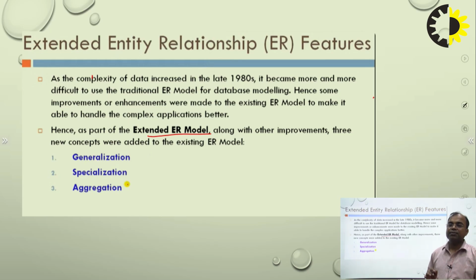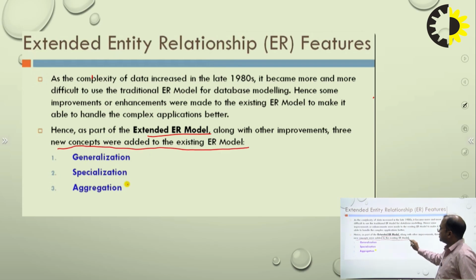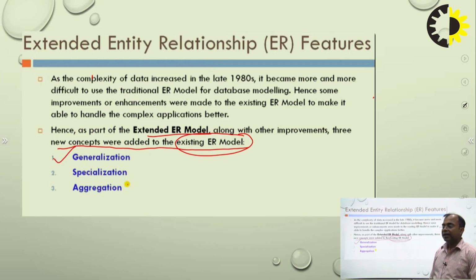To solve this complexity, three new concepts were added to the existing ER model. The first feature is generalization. This is a new concept that was not added before the 1980s. It was added after the 1980s in the ER model to solve complex problems.